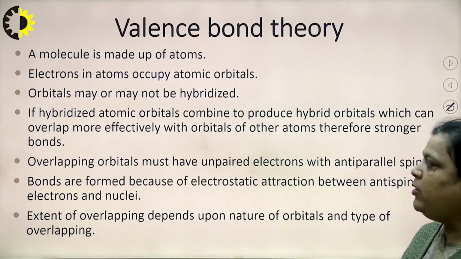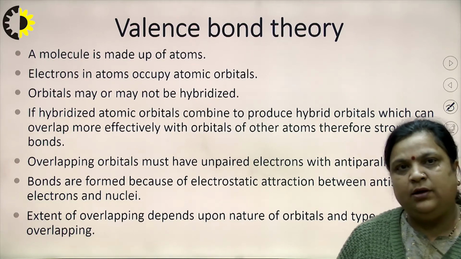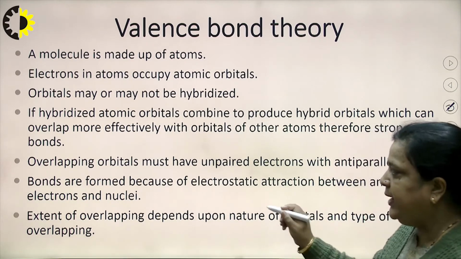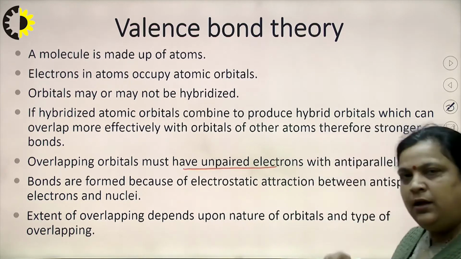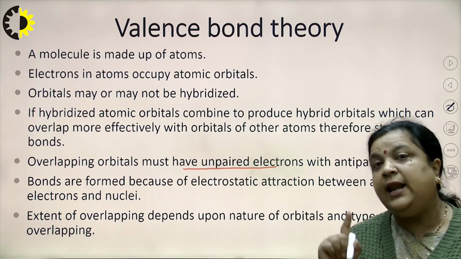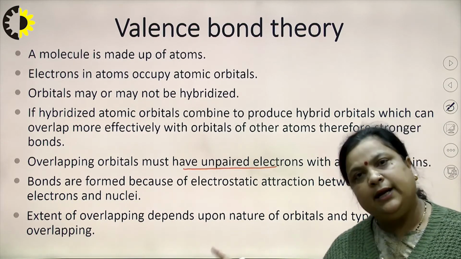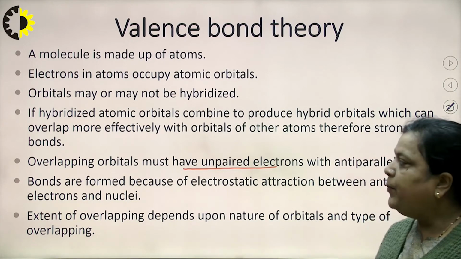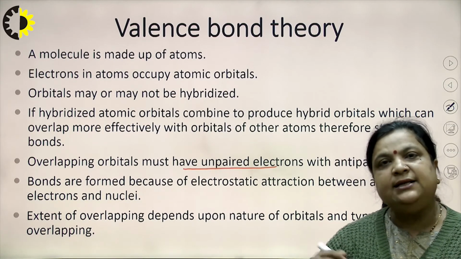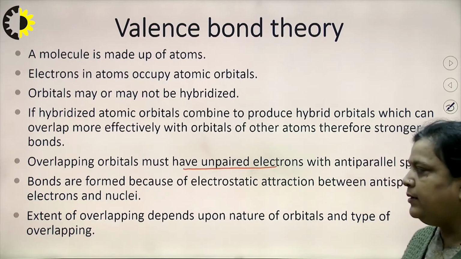The overlapping orbitals must have unpaired electrons with opposite spin. This is the main point, as I have already told you, that the orbitals which contain unpaired electrons get combined. The bonds are formed because of electrostatic attraction between the anti-spin electrons and nuclei.